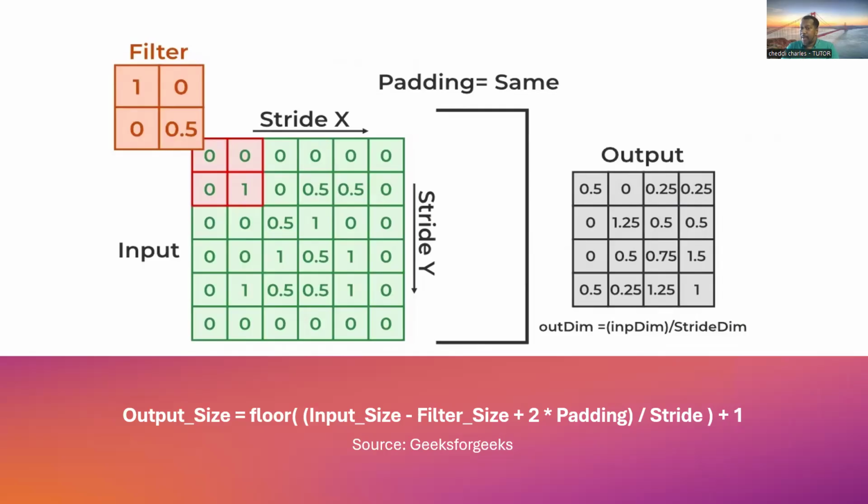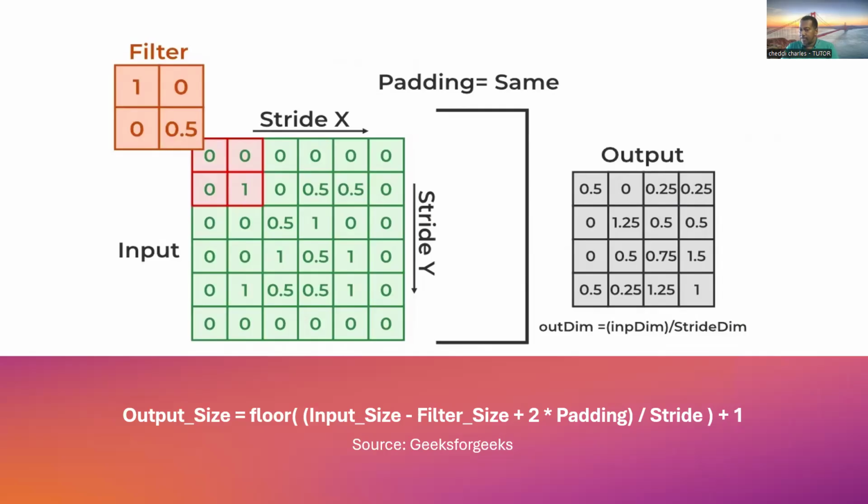Sometimes the padding is called valid, where you don't include any zeros, so the dimension can be reduced. Just keep that in mind: if padding equals same, the dimensions of the input will be the same as the output.